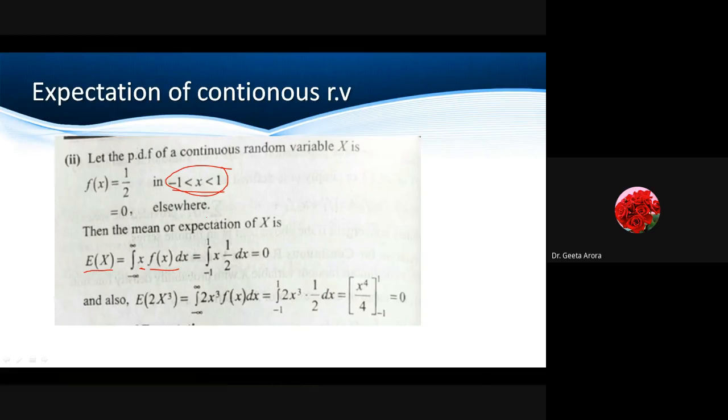So we substitute 1 by 2 in place of f(x), with x as such, and integrate with respect to x. So it is the integral of x by 2 dx from -1 to 1, which comes out as 0.